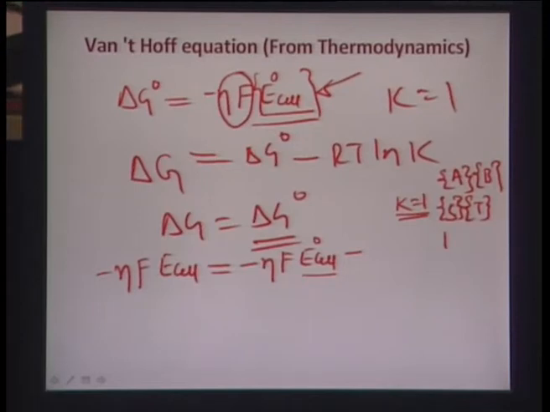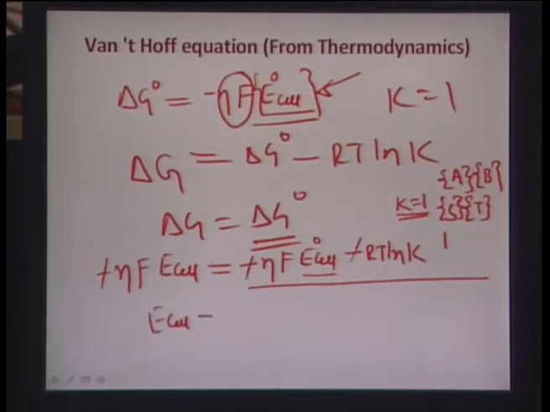Okay. So, essentially minus nF E cell can be equated to minus nF E0 cell minus RT ln K, and this is what the final form of Nernst equation will look like. So, we can calculate the E cell value by just looking at E0 cell and this term here, RT by nF ln of K.